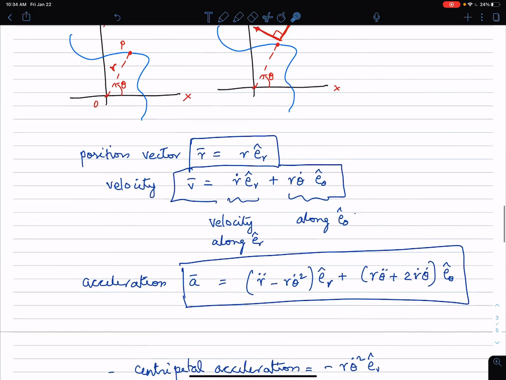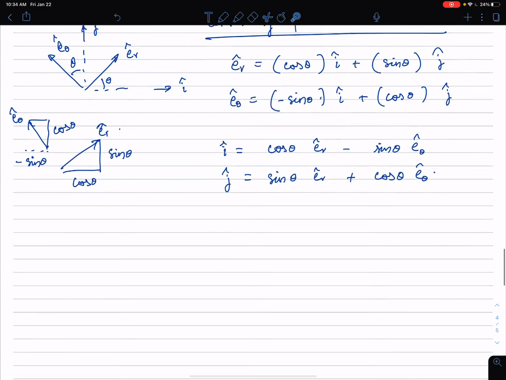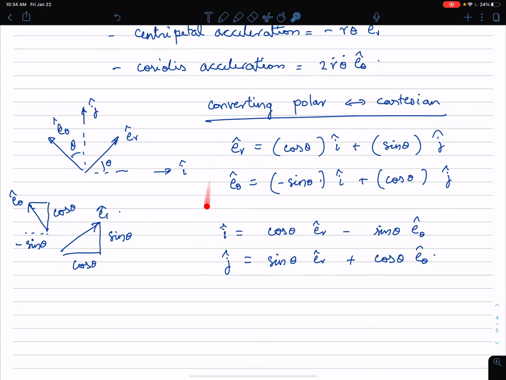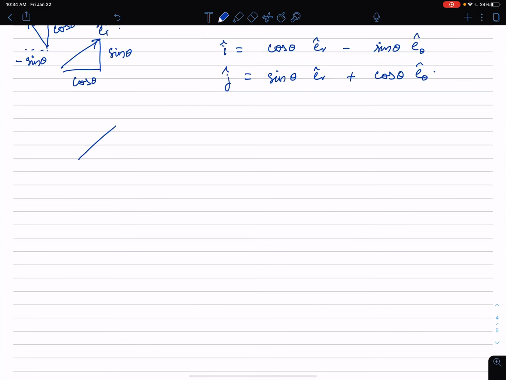So one last thing about polar coordinates, the relationship between Cartesian and polar. We already looked at how the unit vectors change from e_r, e_theta to i and j and vice versa. We can also note that if you have theta like so, and this is r, of course, this is y, this is x, right?